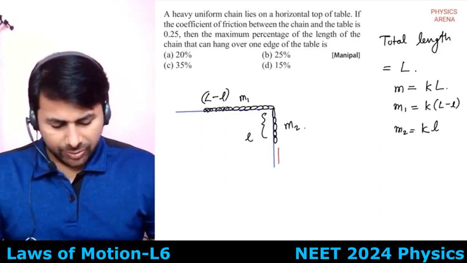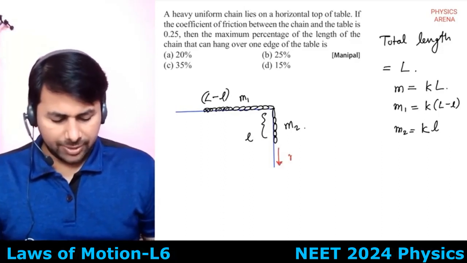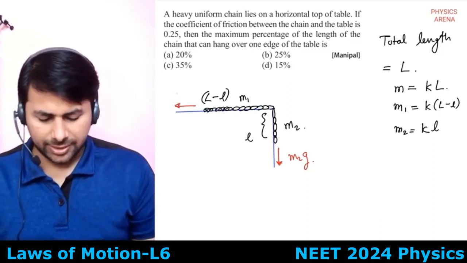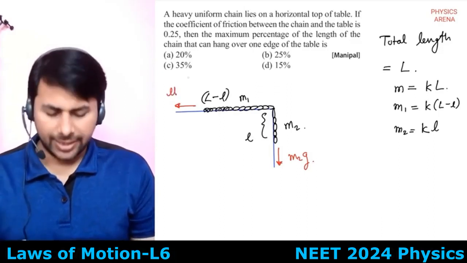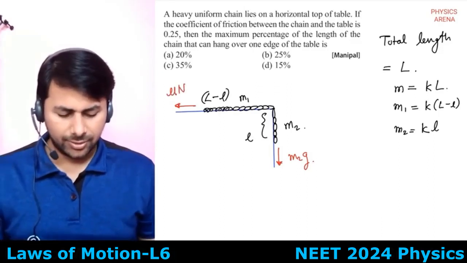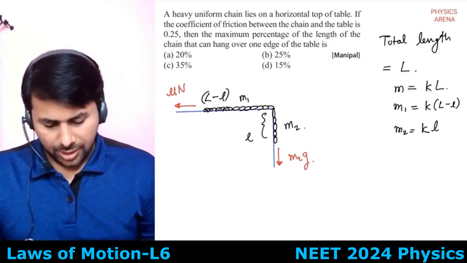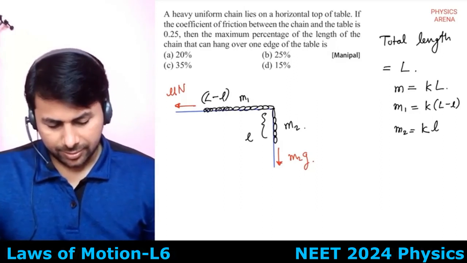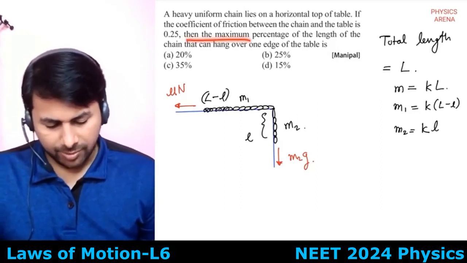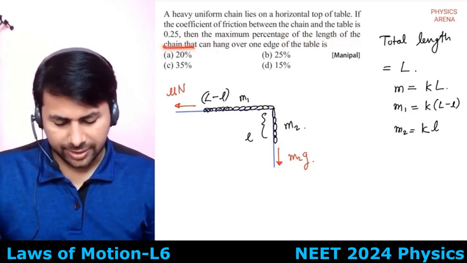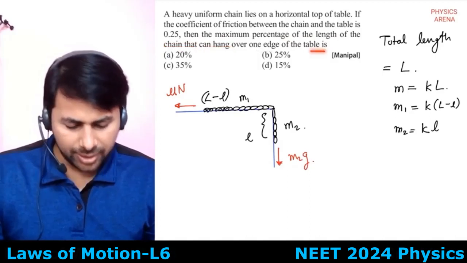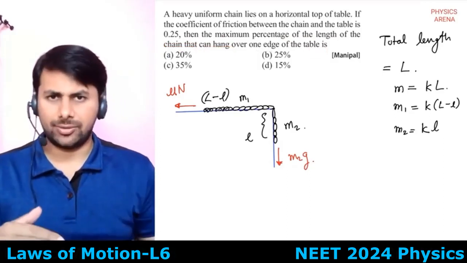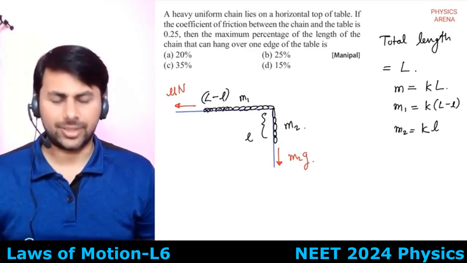So what is the net downward force? It is m2 times g. What is the force in this direction? It is mu multiplied by the normal reaction. Now these two forces should be balanced. The maximum percentage of length of the chain that can just hang over the other edge means there is no acceleration.